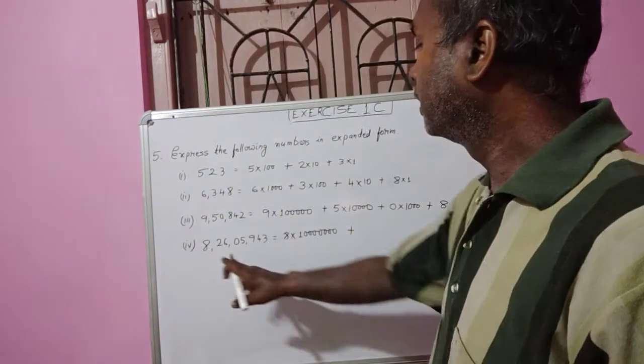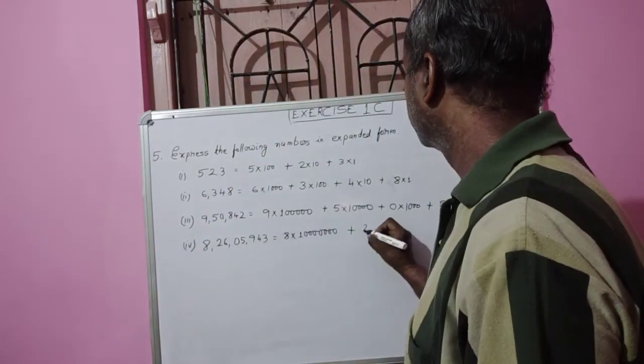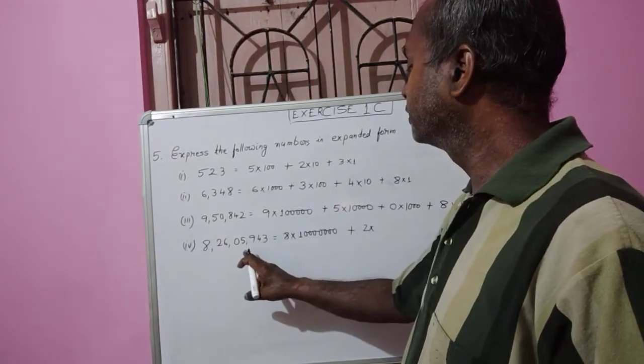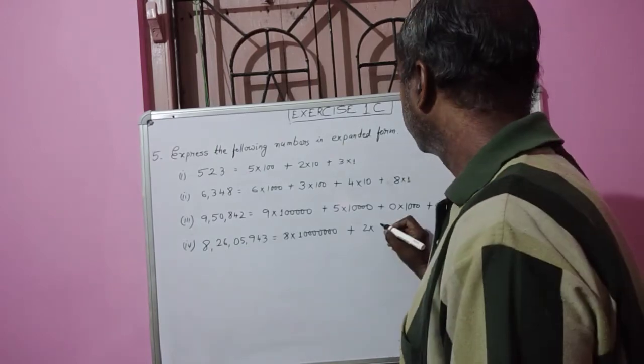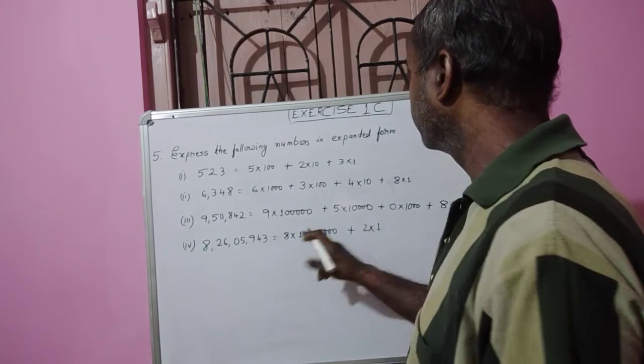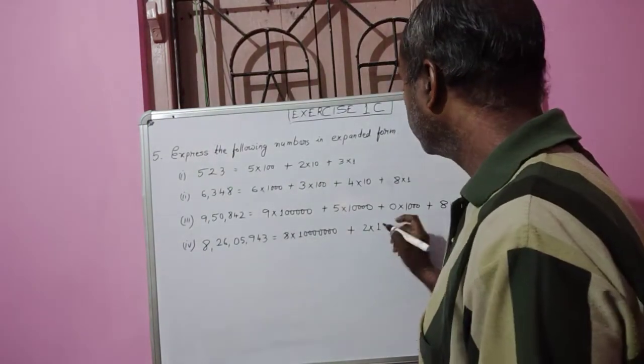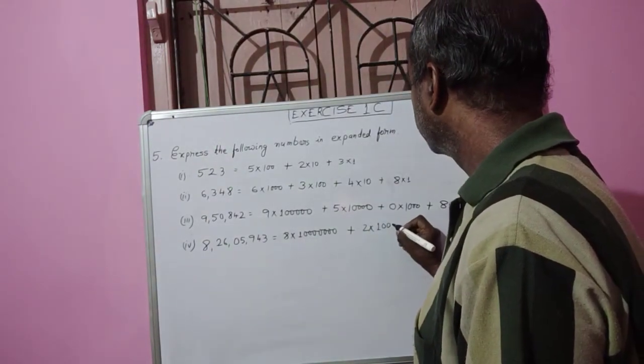Alright. After 8 comes 2. 2 is in which position? After crore comes 10 lakh. So 1 less 0 will be there. Here in crore there were 7 zeros, so here 6 zeros will be there.